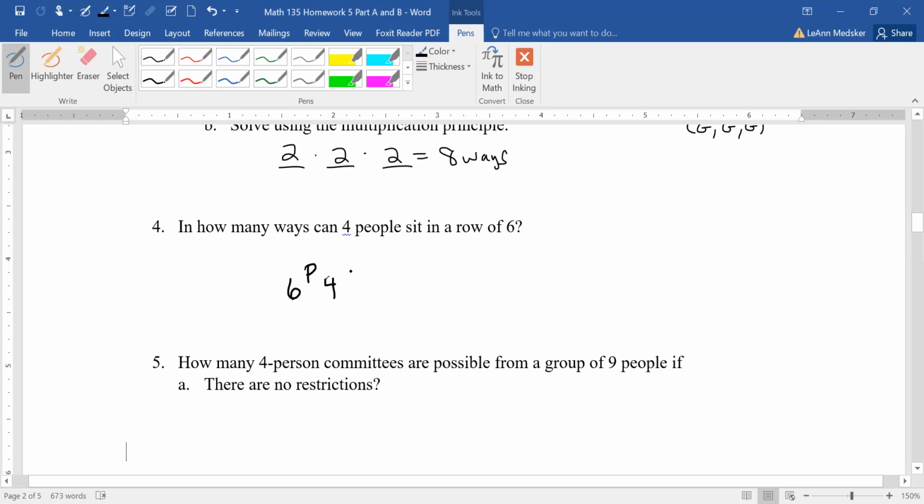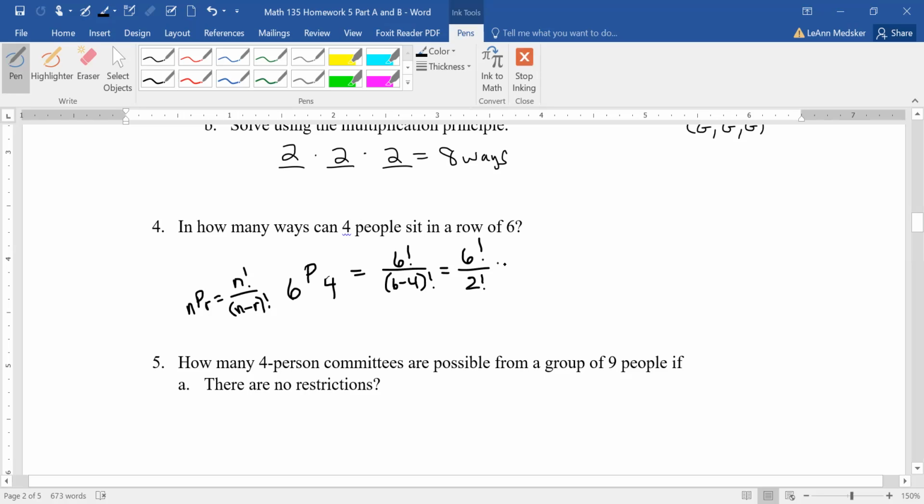So you have this button on your calculator, but there's also a formula. This is nPr, and that is n factorial over n minus r factorial. That's our permutation formula. So when we look at this, this is 6 factorial over 6 minus 4 factorial, so that's 6 factorial over 2 factorial.